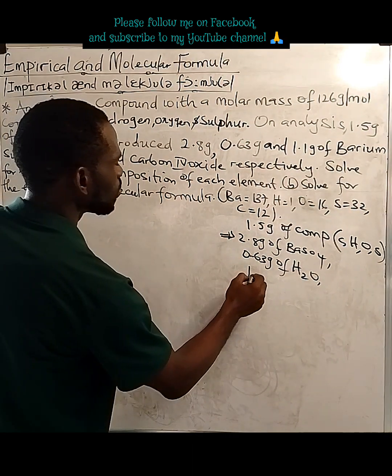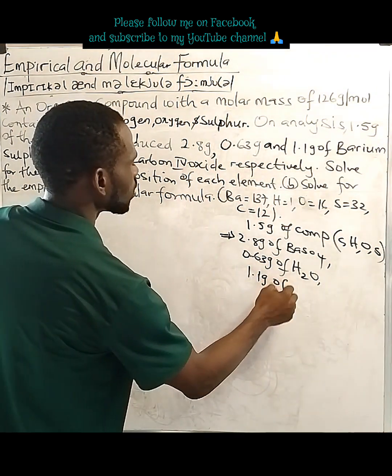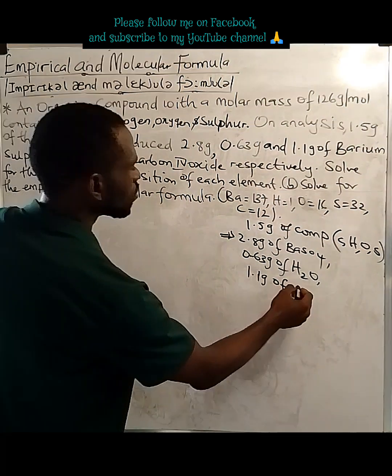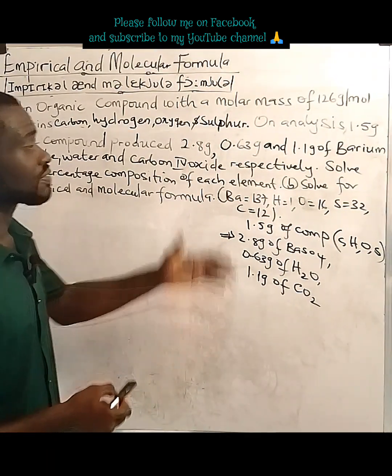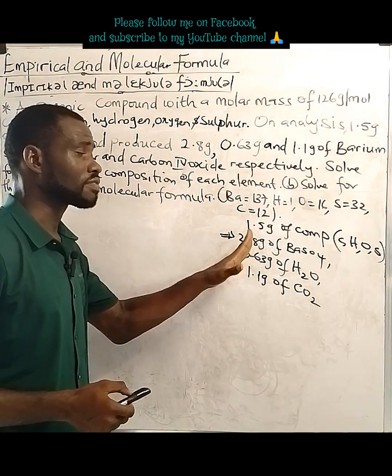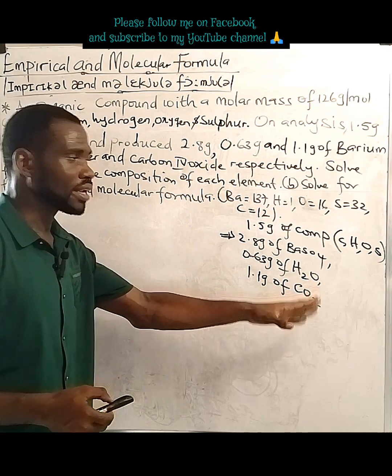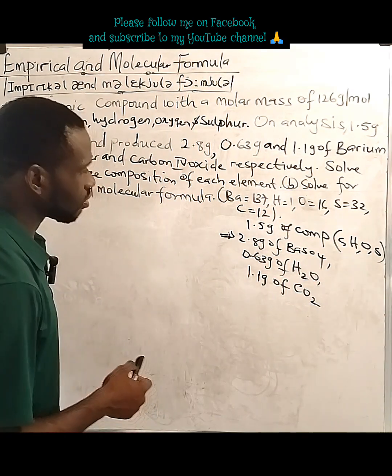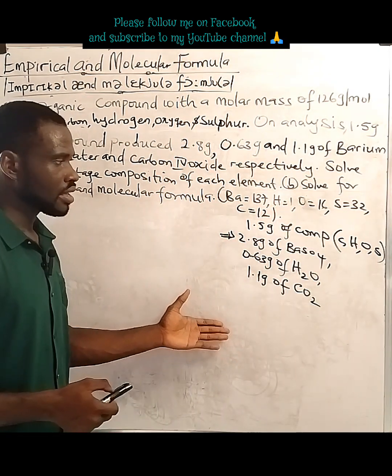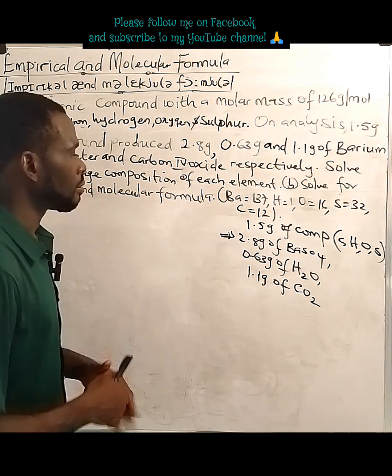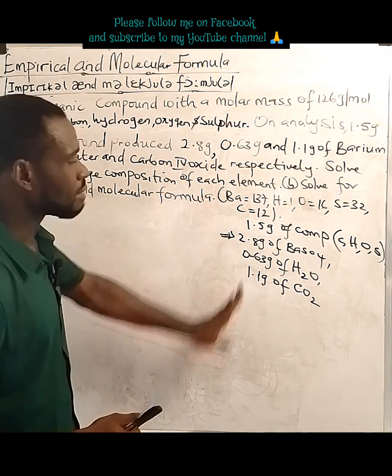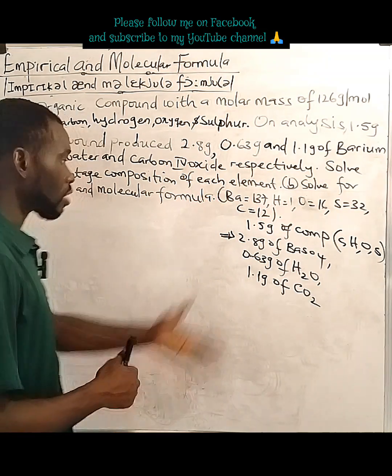And after that, we got 1.1 gram of carbon dioxide, CO2. These are the things we got after analyzing 1.5 gram of this compound that contains carbon, hydrogen, oxygen, and sulfur. Maybe it was burned in oxygen or something, but we got all this. These were the products.